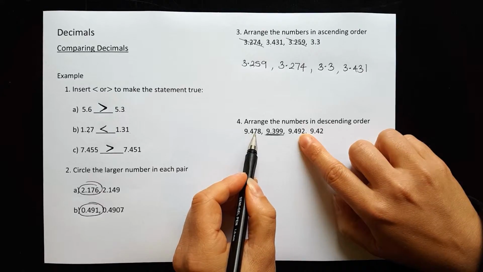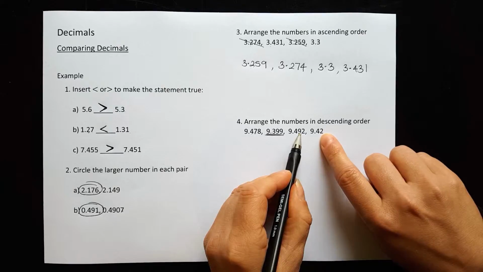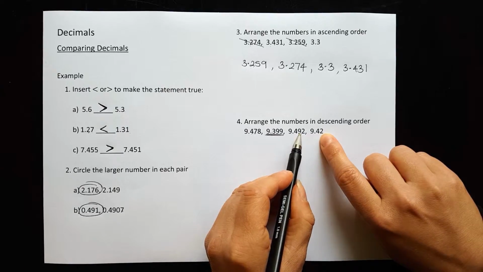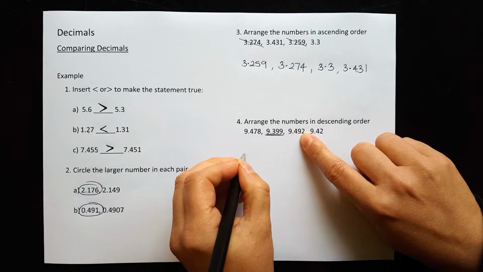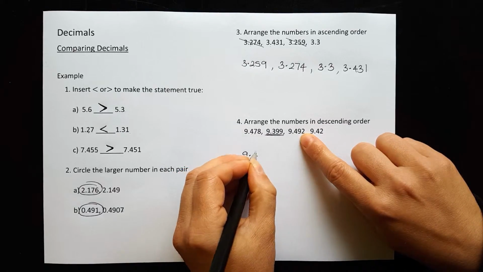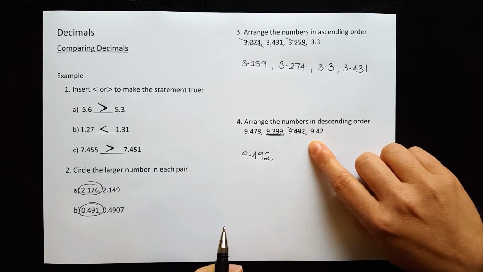So I have a 7, a 9, and a 2. Okay, the biggest out of those is the 9. So that must be the biggest number, 9.492 is the biggest. That one's done.